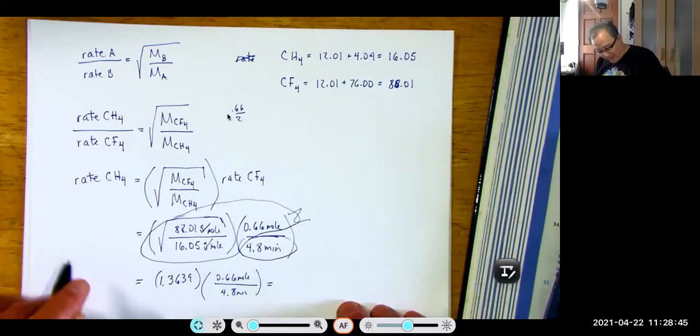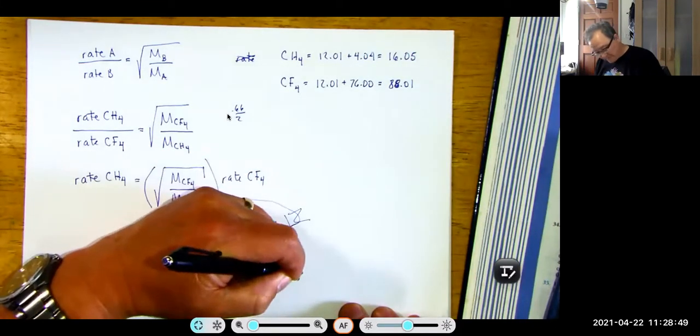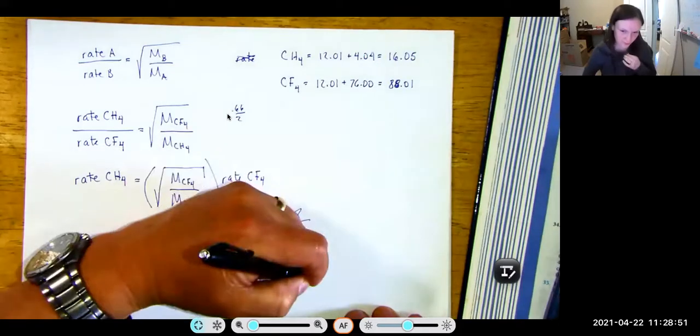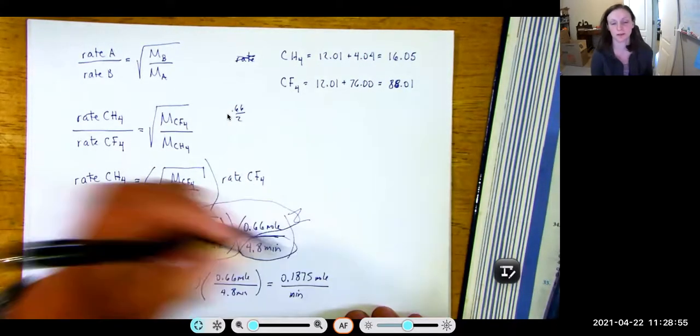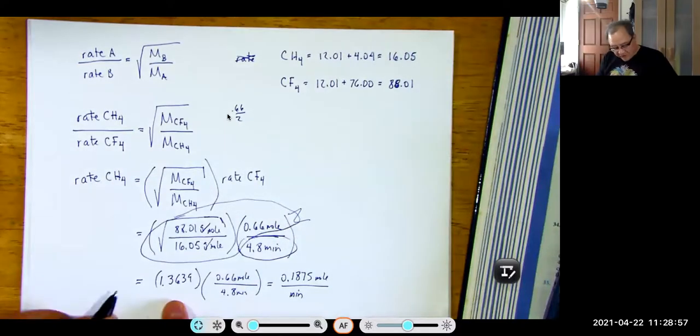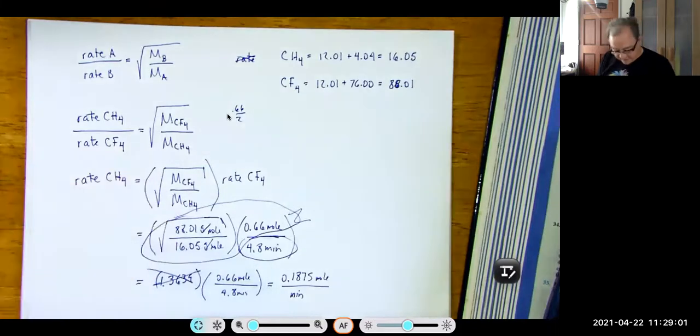I get 0.18. Not what I got. Weird. Let me see your calculator. Oh, it shouldn't be 1.36. That's just wrong.